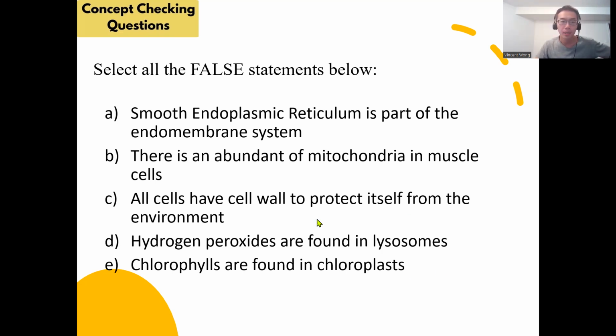That's okay. So let's see, the first one: smooth ER is part of the endomembrane system. That is true. The endomembrane system includes the nuclear envelope, rough and smooth ER, Golgi body, and lysosome. So that's true. We're looking for the false statement. Next: there is an abundance of mitochondria in muscle cells.